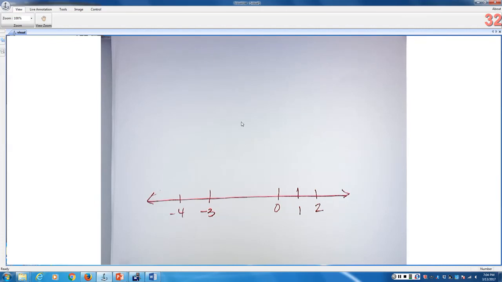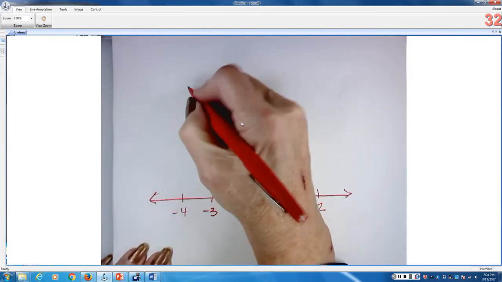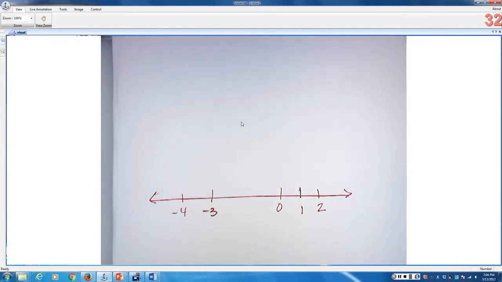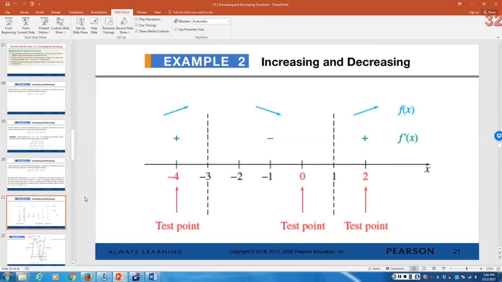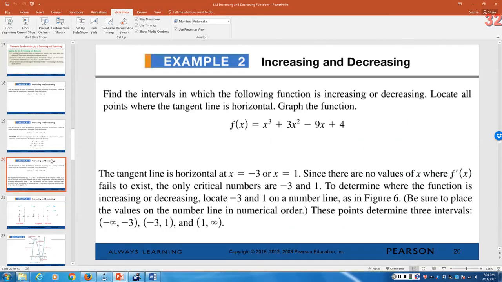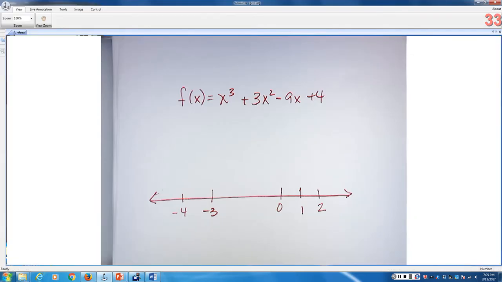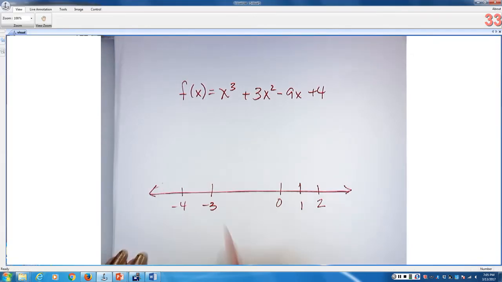So my original function, go back and make sure I copied it right, is f of x is x cubed plus 3x squared minus 9x plus 4. And from that original function, I'm going step by step.